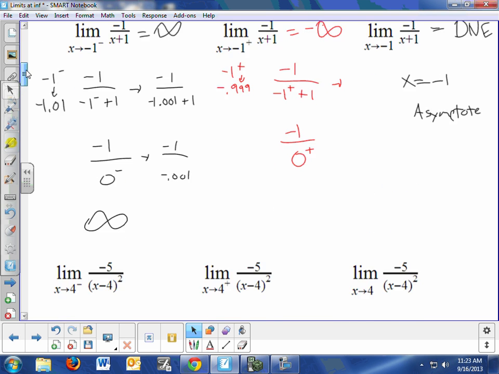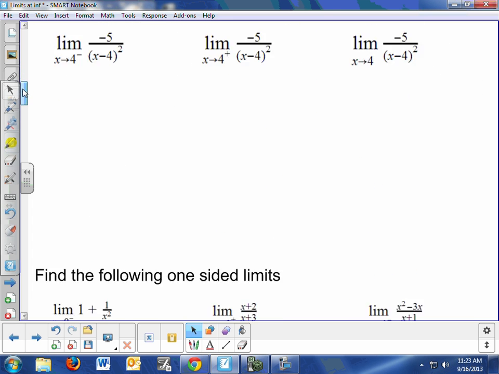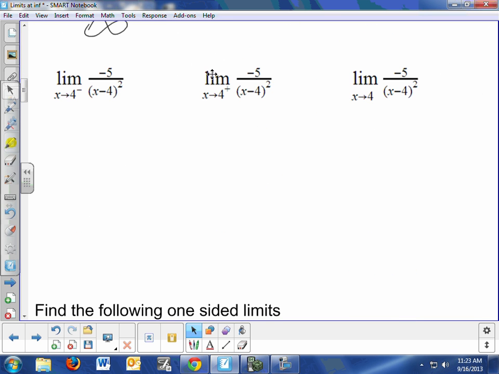Okay? Questions? Do the first two of these, and just know that it's the same process. And if you have something that's infinitesimally small and you're squaring it, well, it's still going to be infinitesimally small.